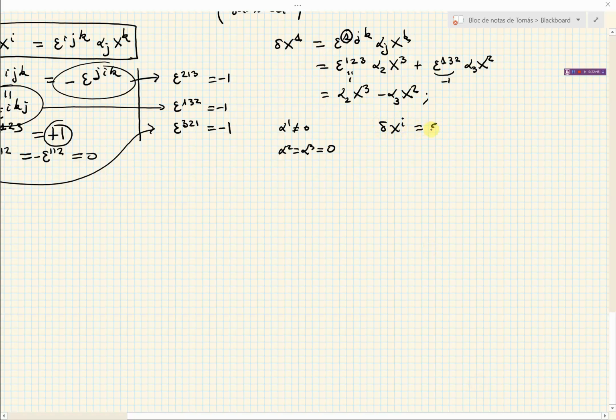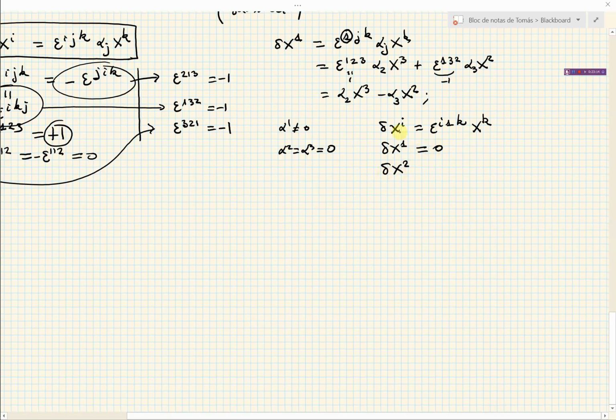So now I have xi, and now it's only alpha 1, so j has to be 1, because for any other value I get 0, and then I get xk. So I cannot be 1, because then I get 0. So if it is 1, I get 0. x1 does not transform.